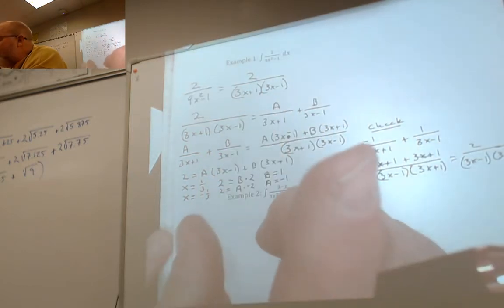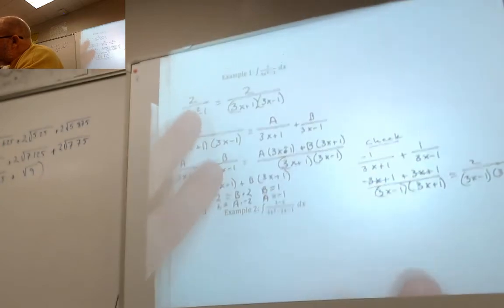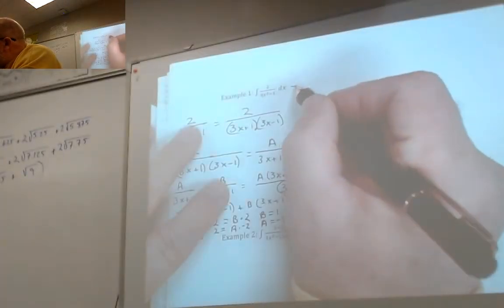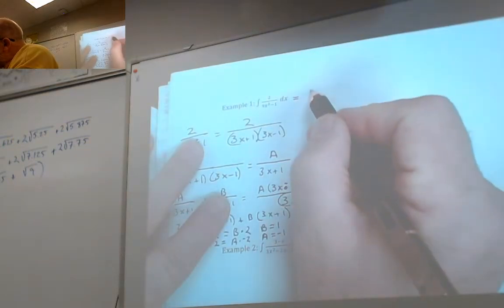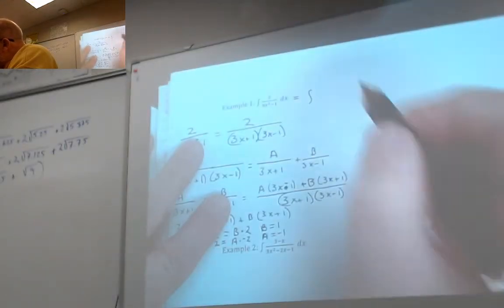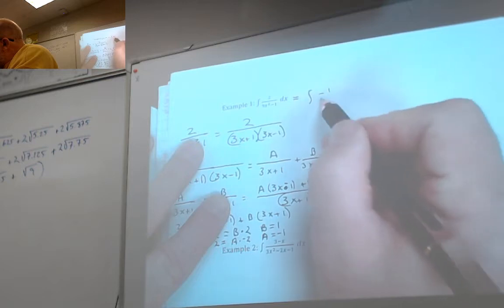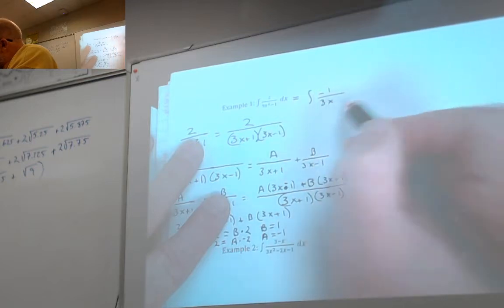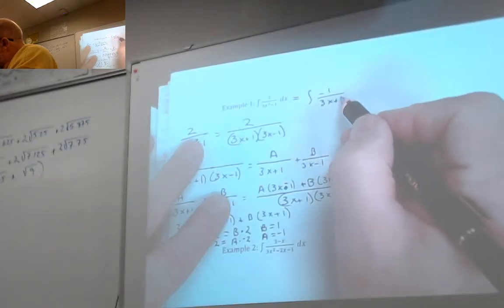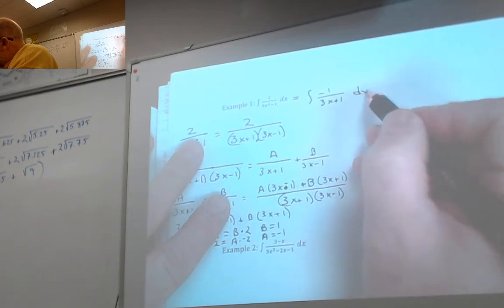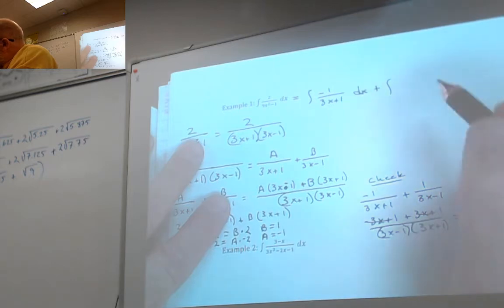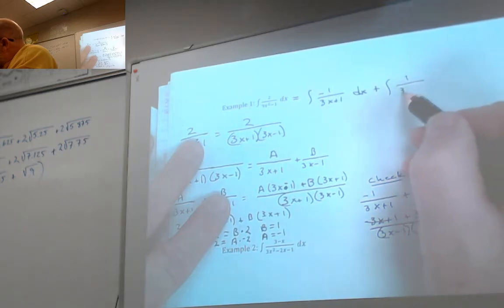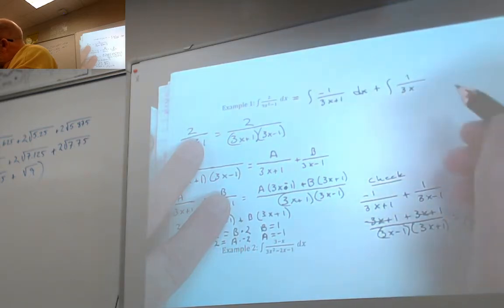All right? So now I'm going to rewrite this integral. I can say that this integral is the same as a negative 1 over 3x plus 1 dx plus the integral of 1 over 3x minus 1 dx.